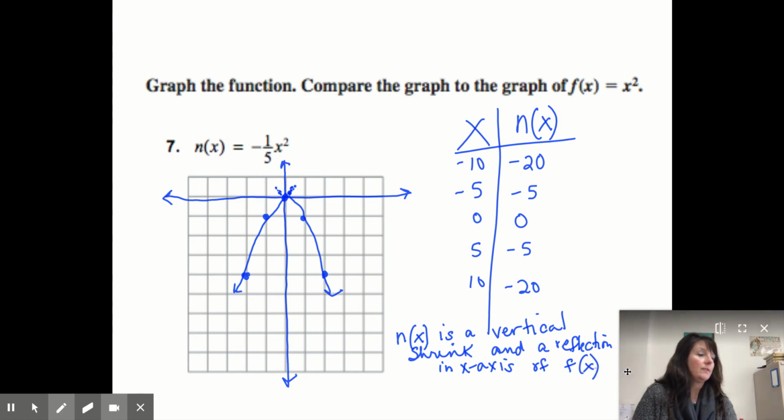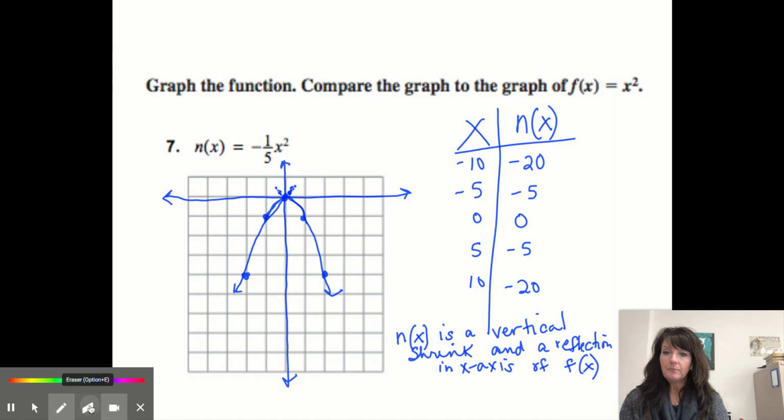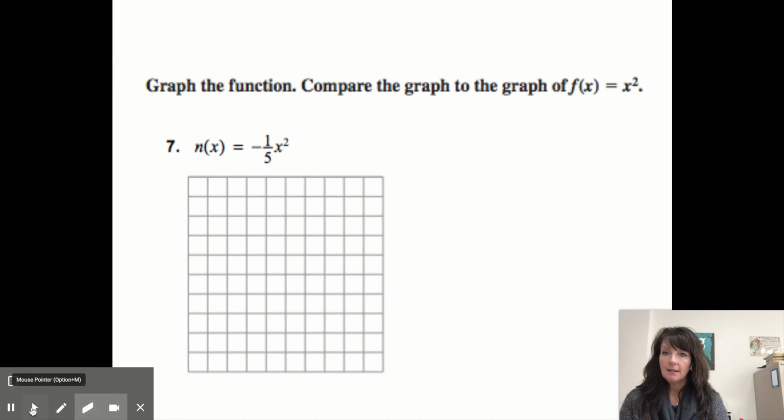So we have a reflection of f of x and a vertical shrink happening because this is wider than our parent function. Of course, if we drew it a little bit better. Okay, hopefully this is making sense as you go.